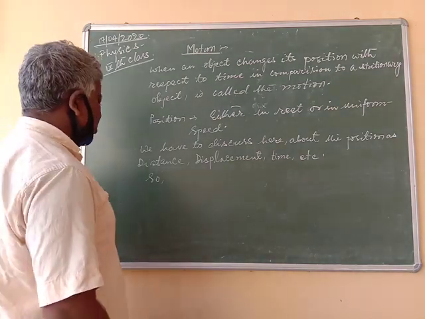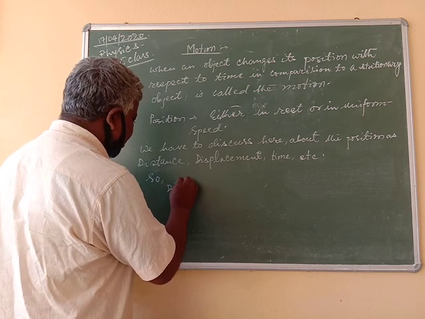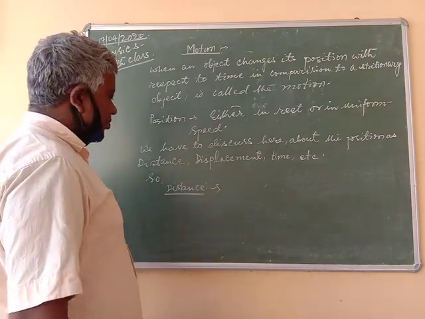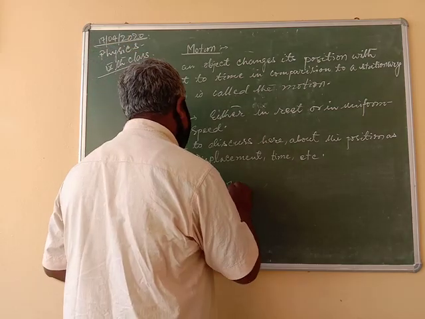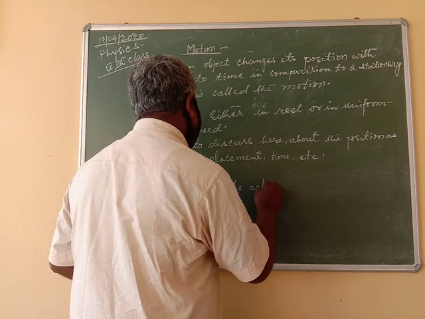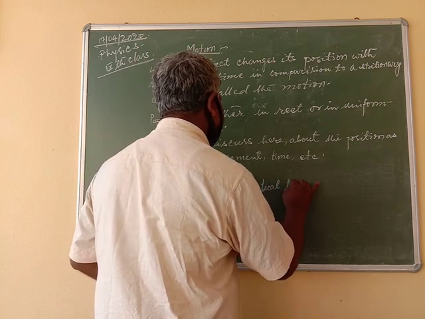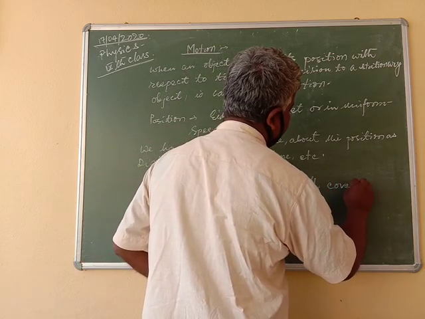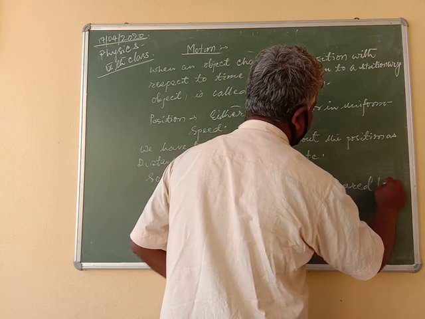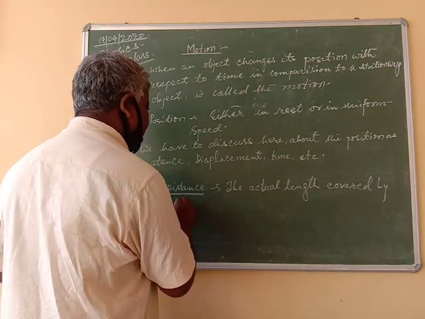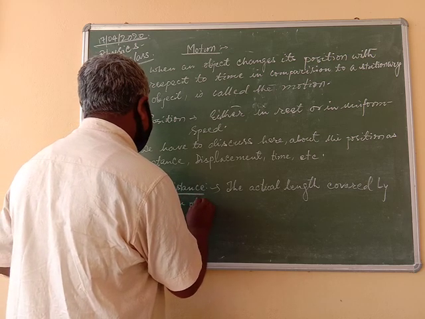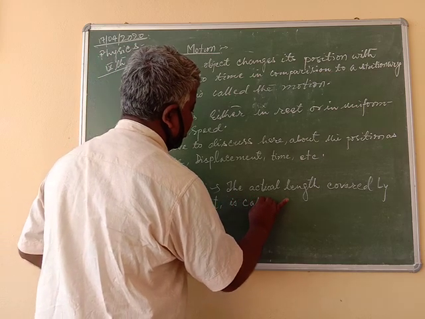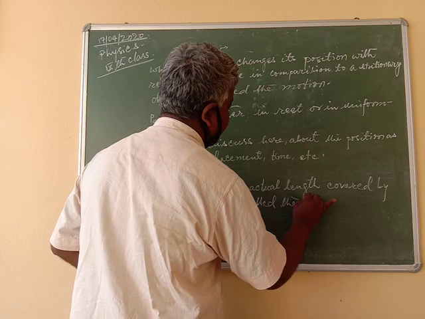What is distance? Distance is defined as the actual length covered by an object is called the distance.